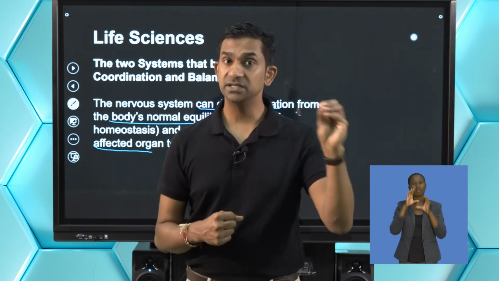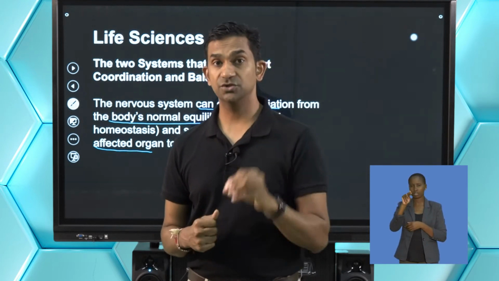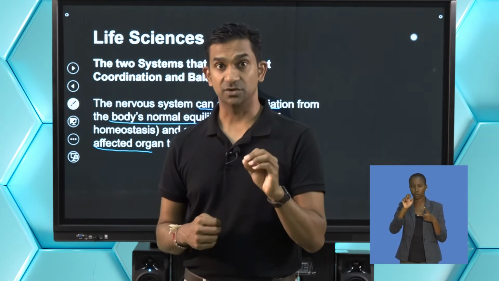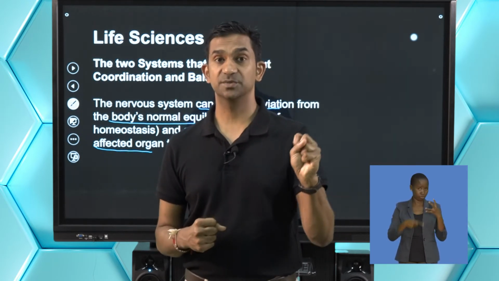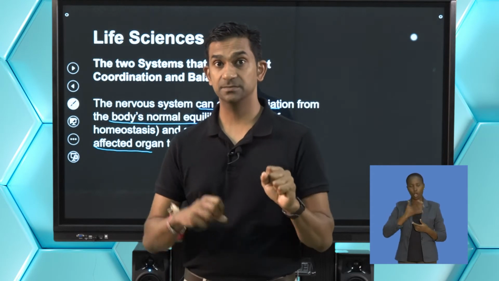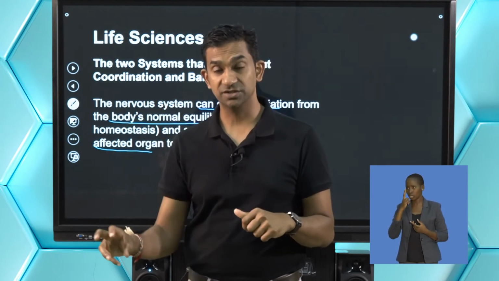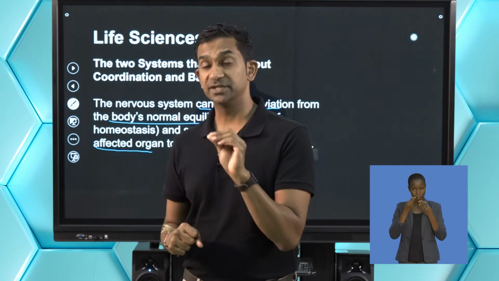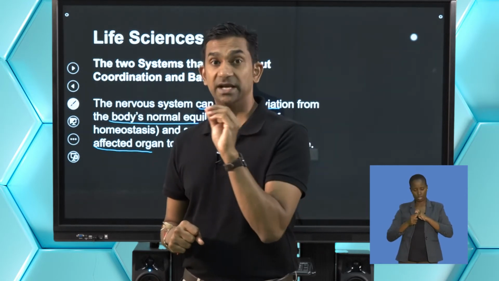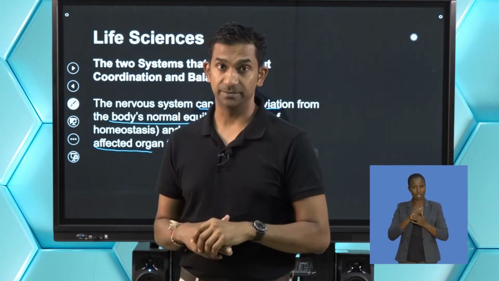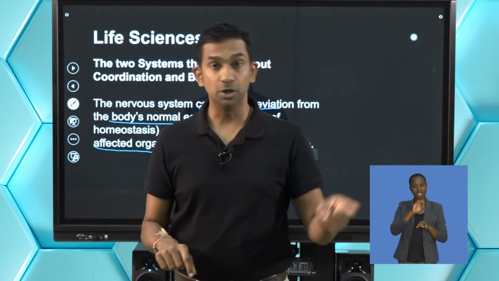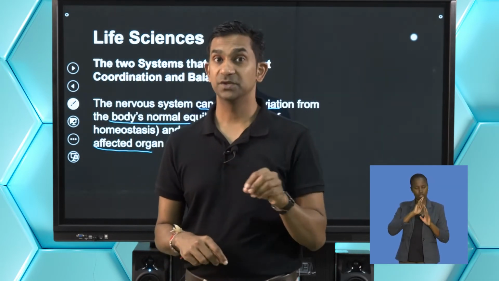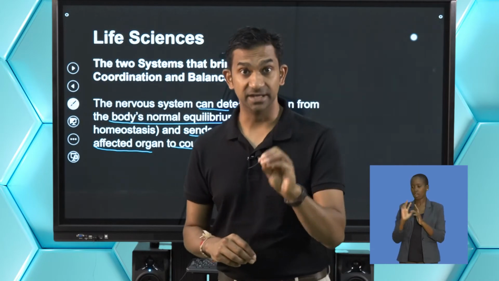We've looked at sensory neurons, motor neurons, and interneurons. So the sensory neurons transmit impulses to the central nervous system, and you've got your effector neurons that bring about a change by responding to that change and sending an impulse to an effector organ. So that's kind of the loop or the cycle of how coordination happens with the nervous system.